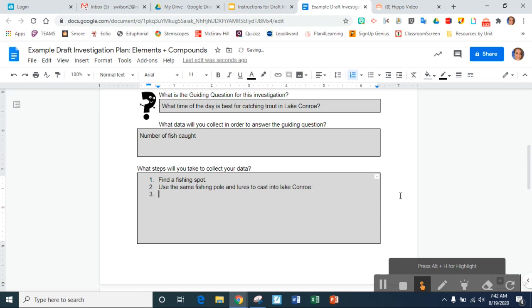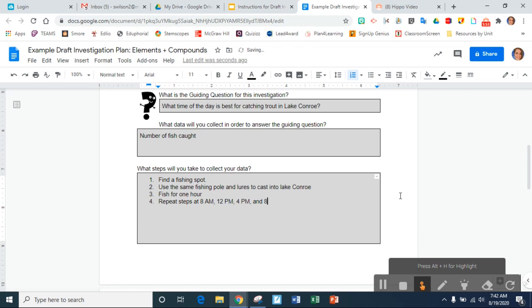After that, after I've cast into Lake Conroe, I'm going to fish for 1 hour. I'm going to repeat these steps at 8 a.m., 12 p.m., 4 p.m., and 8 p.m.